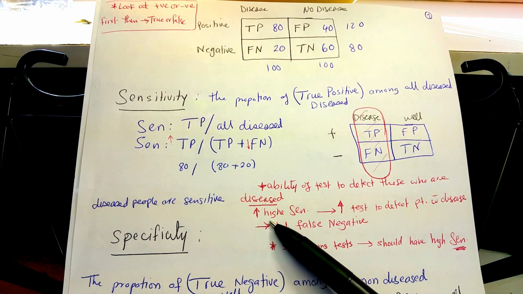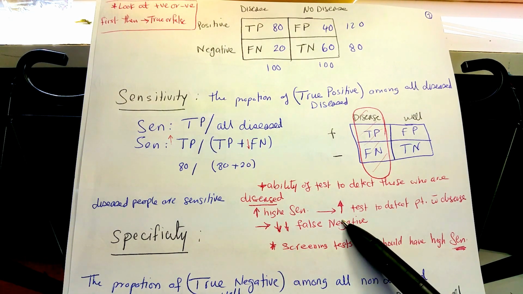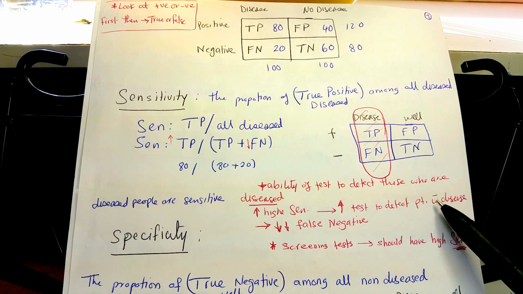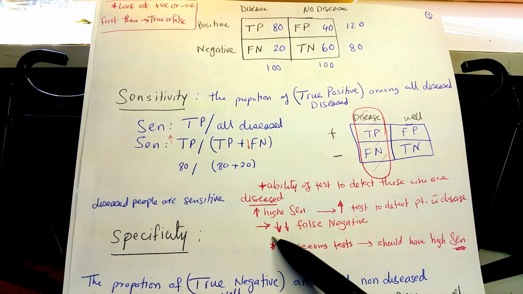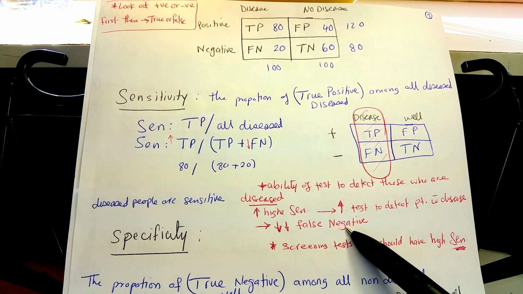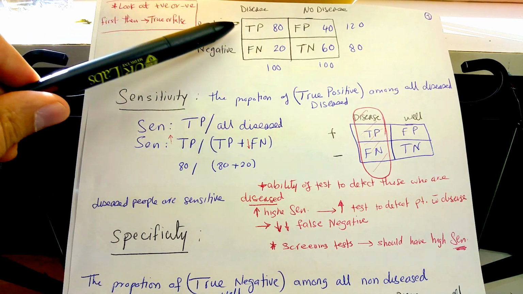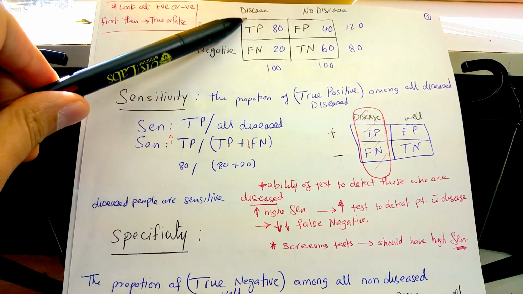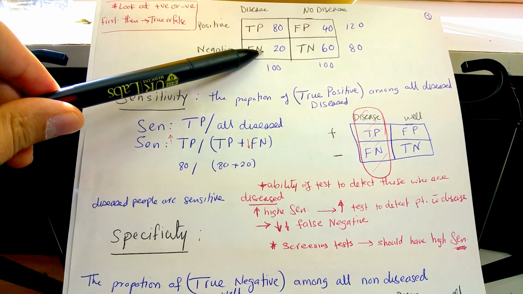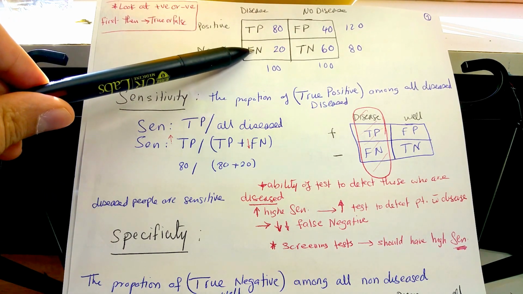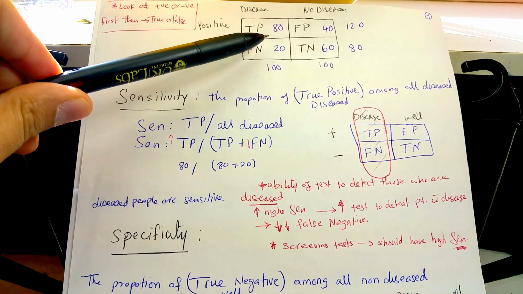When there is high sensitivity, there is higher chance the test can detect people who have the disease, decreasing the false negative. So if there is higher sensitivity, we increase the ability of the test to detect those who are truly diseased, and in turn we decrease the people who are falsely classified as negative.